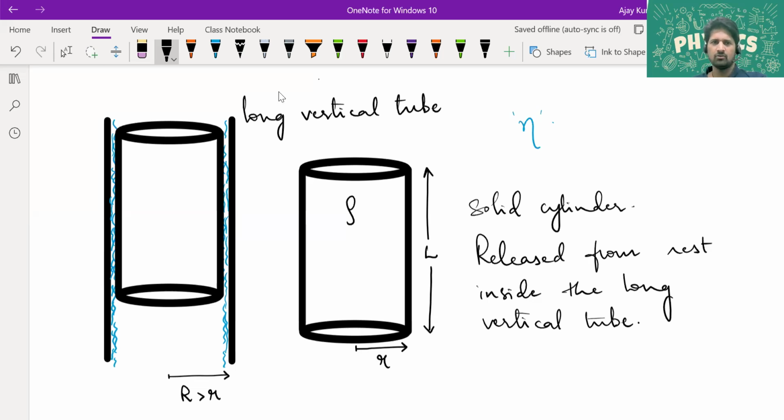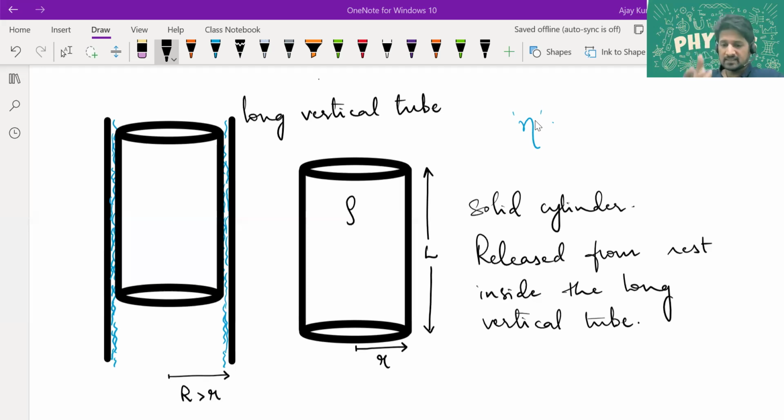I mean, will it slide down or not? Is the cylinder in contact with the oil or not? Yes, it is. The curved surface of the cylinder is in contact with the oil. The oil is also in contact with the wall of the tube.